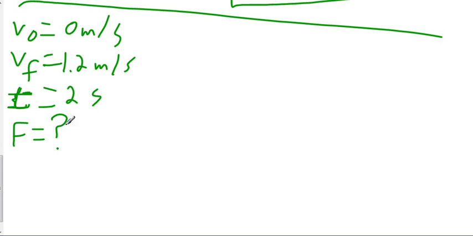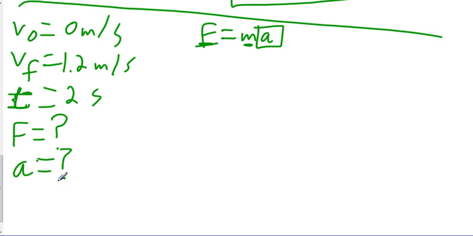And now we need to figure out how to relate our force to these other variables, our V0, our Vf, and our t. We don't have an equation that can figure this out directly, and so we have to think of our force equation first. So we know that F is equal to ma. If we're looking for a force, we have our mass, which means we need to find our acceleration first. And from the information given, we can find our acceleration.